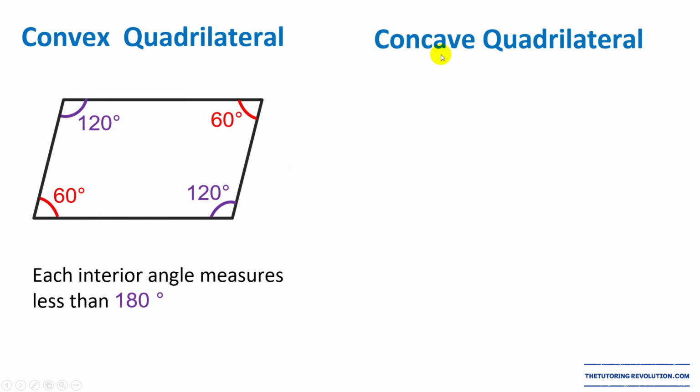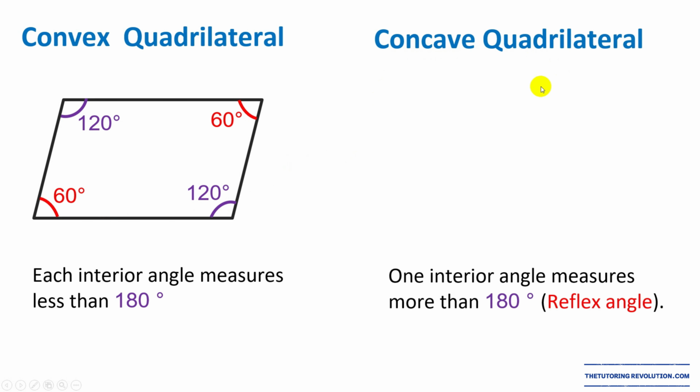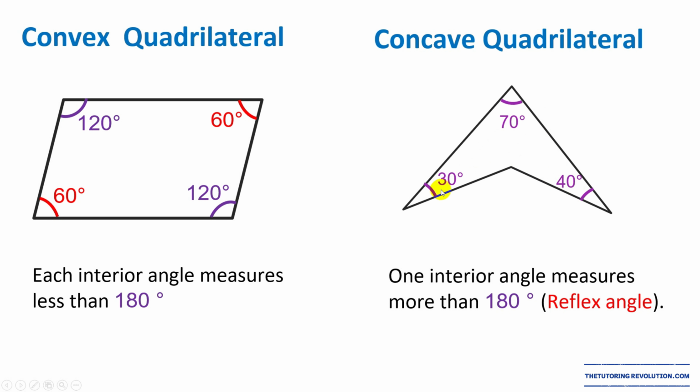In a concave quadrilateral, one interior angle measures more than 180 degrees. That particular angle is going to be called the reflex angle. Here we have a concave quadrilateral because one of the angles, this one here, measures more than 180 degrees.